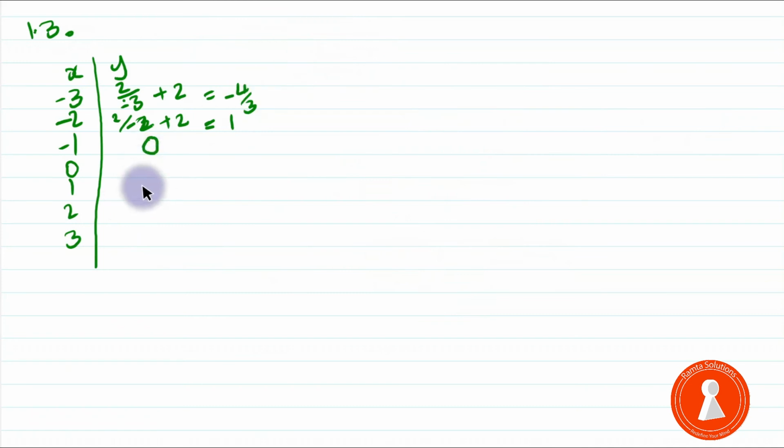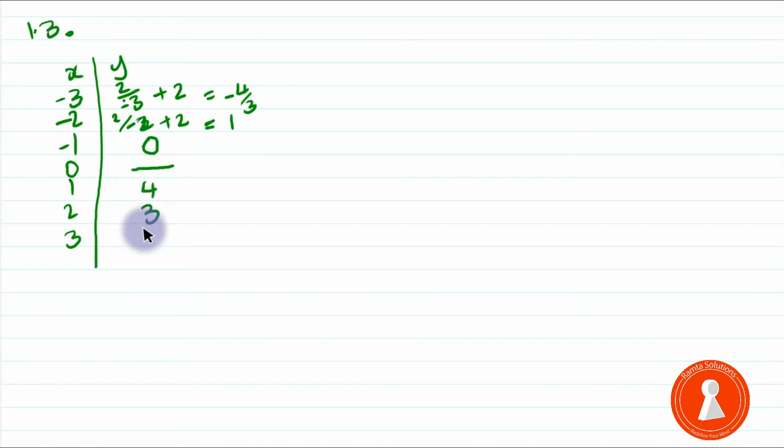So at 0, this graph does not exist at x equals 0. Then 2 plus 2 is 4, and 2 divided by 2 is 1, plus 2 is 3.